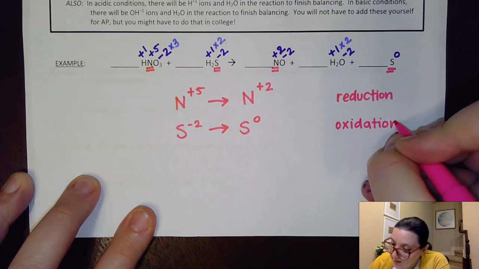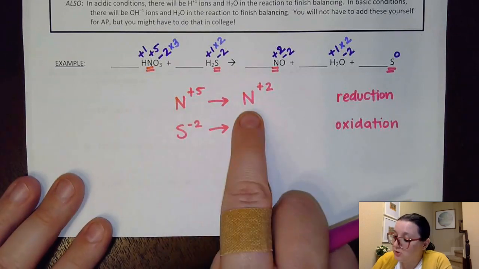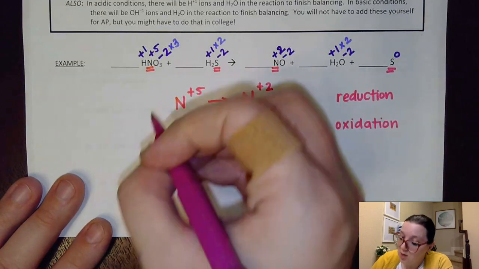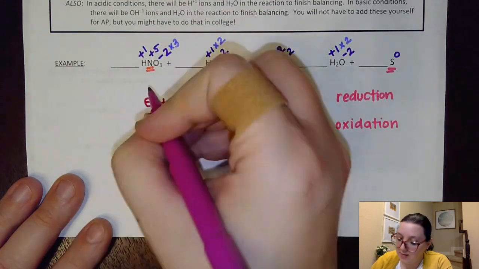Now, the reason why that's important to identify is because now I can think about where my electrons should go in these processes. For nitrogen, if it's a reduction, then that means I'm gaining electrons. So I should have electrons on this reactant side here.